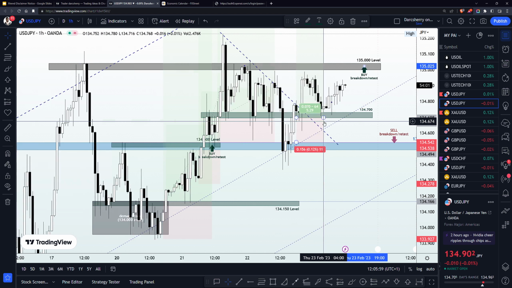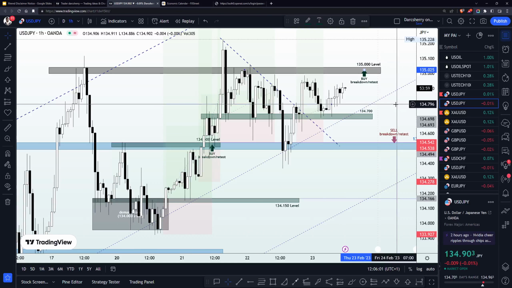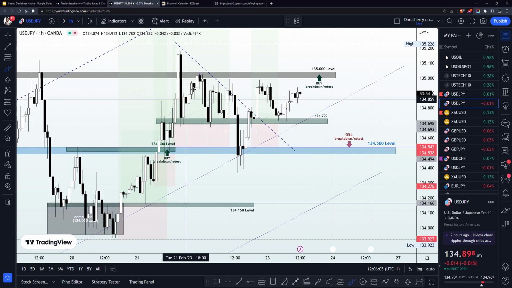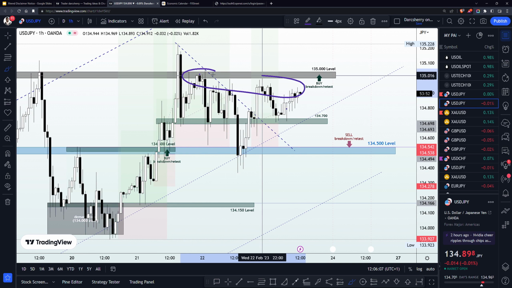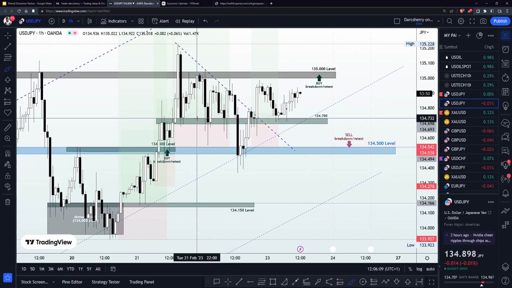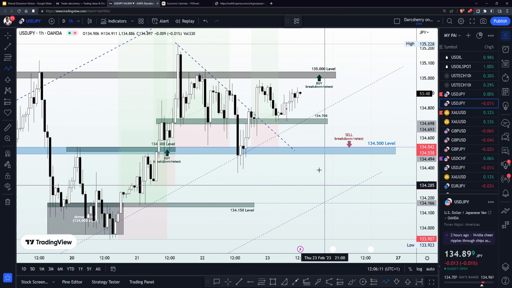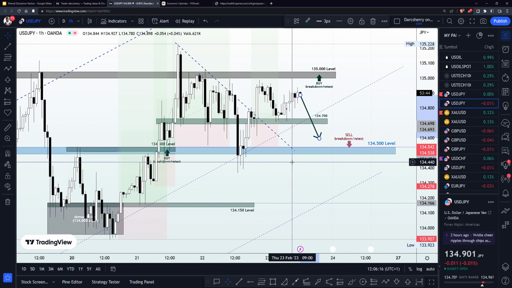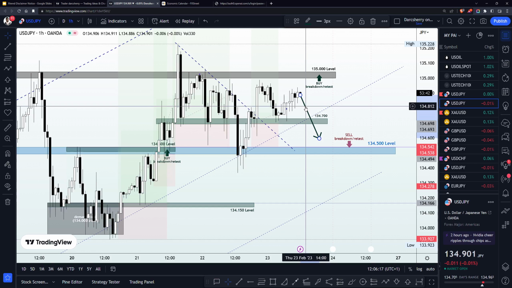However, I have stated here that we want to keep our mindset open, as we want to also take into consideration the sell pressure we have been witnessing here, and there is a likelihood that we might be taken out of the current buy position in such a way that price action will break down the 134.700 area.